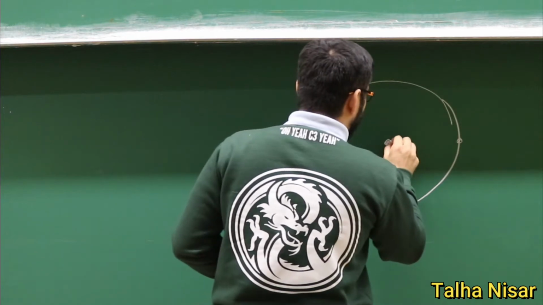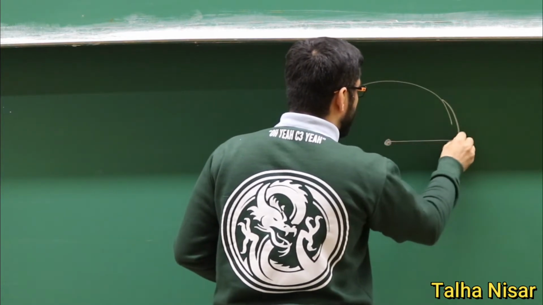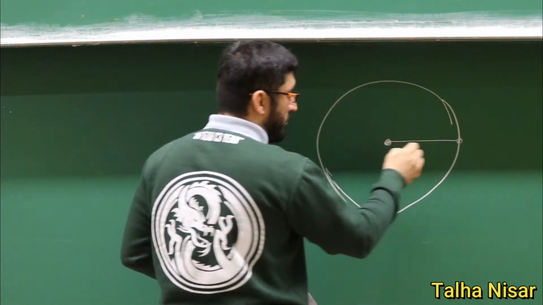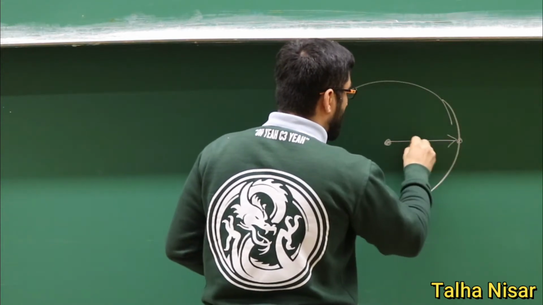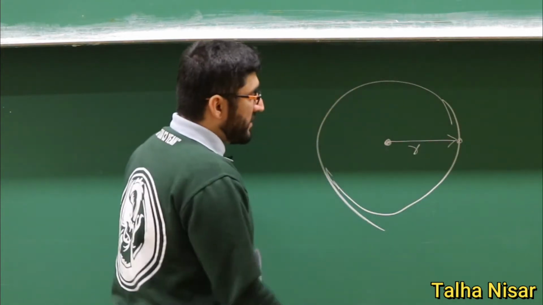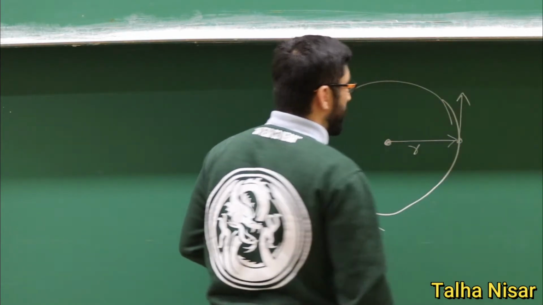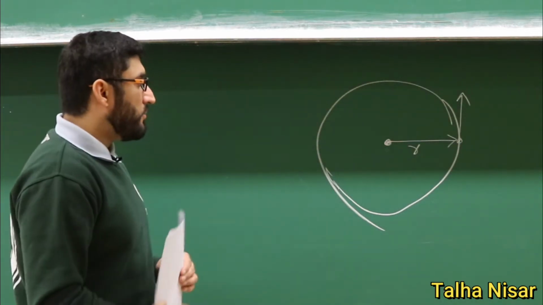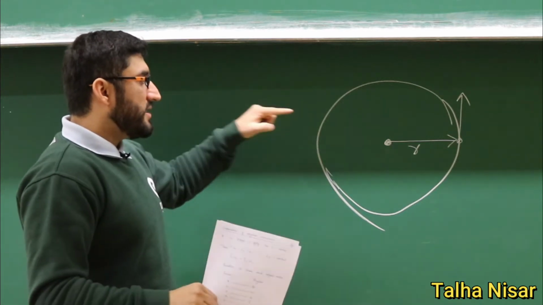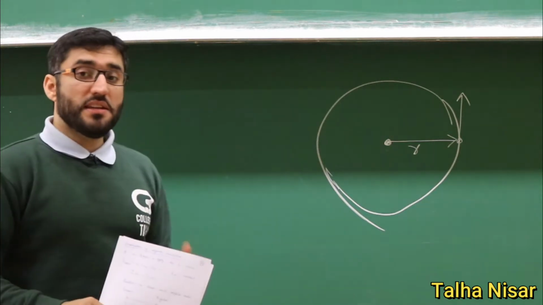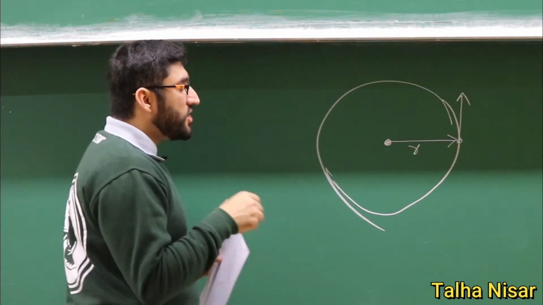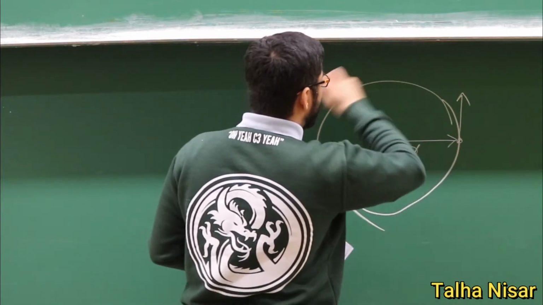In the circular trajectory, with respect to the central point, we have the r here, the position vector, and the velocity is in this direction. So this is a uniform circular motion. The uniform circular motion is that motion in which the speed is constant, the speed is not changing, but the velocity is all the time changing.